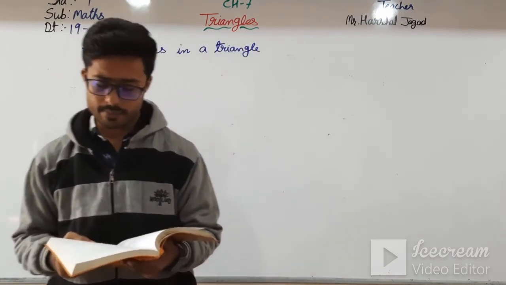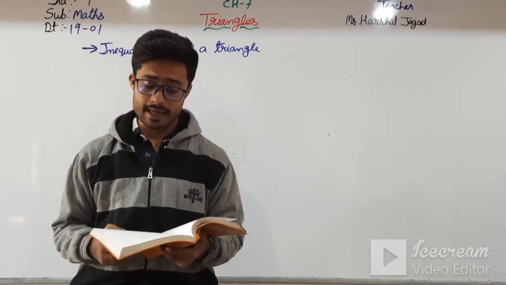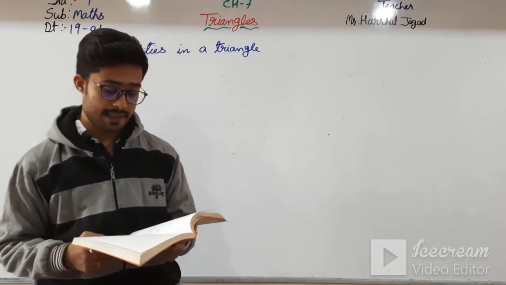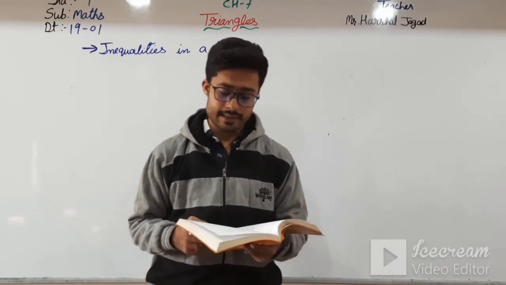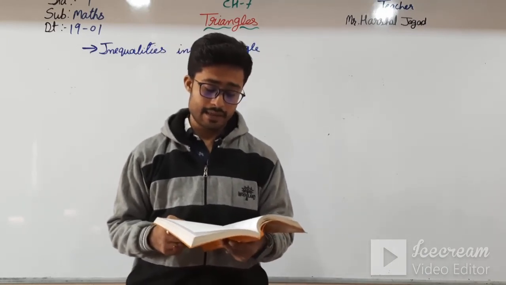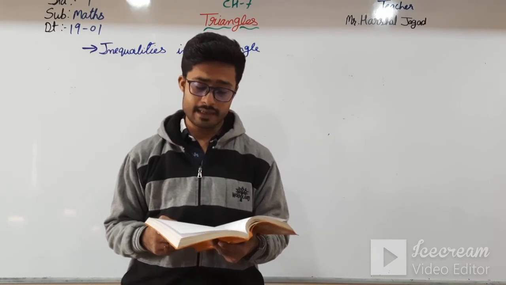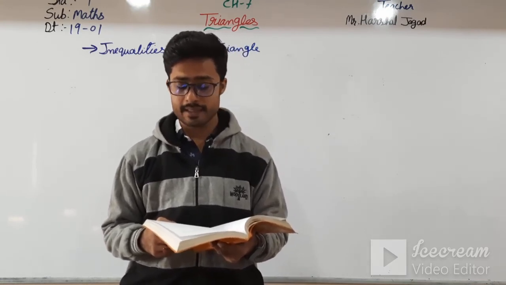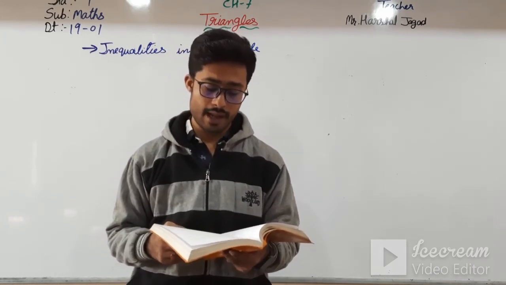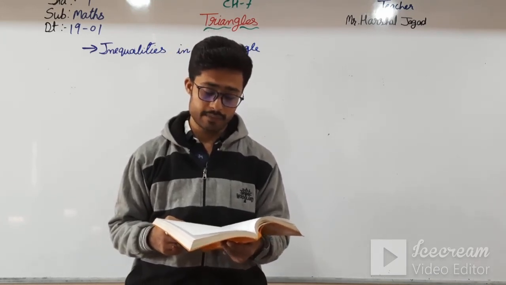In figure 7.46, observe that the side BA of a triangle ABC has been produced to a point D such that AD is equal to AC. Can you show that angle BCD is greater than angle BDC and BA plus AC is greater than BC? Have you arrived at the proof of the theorem?